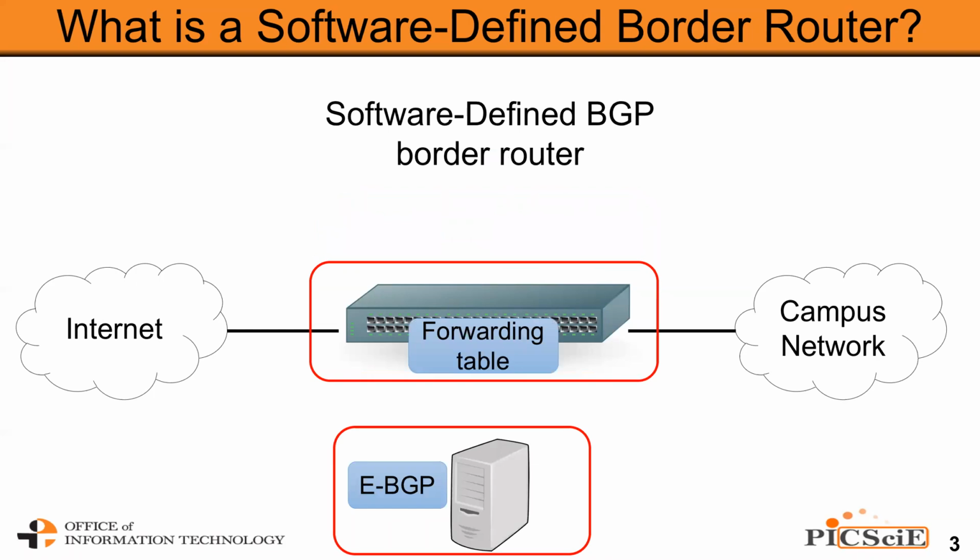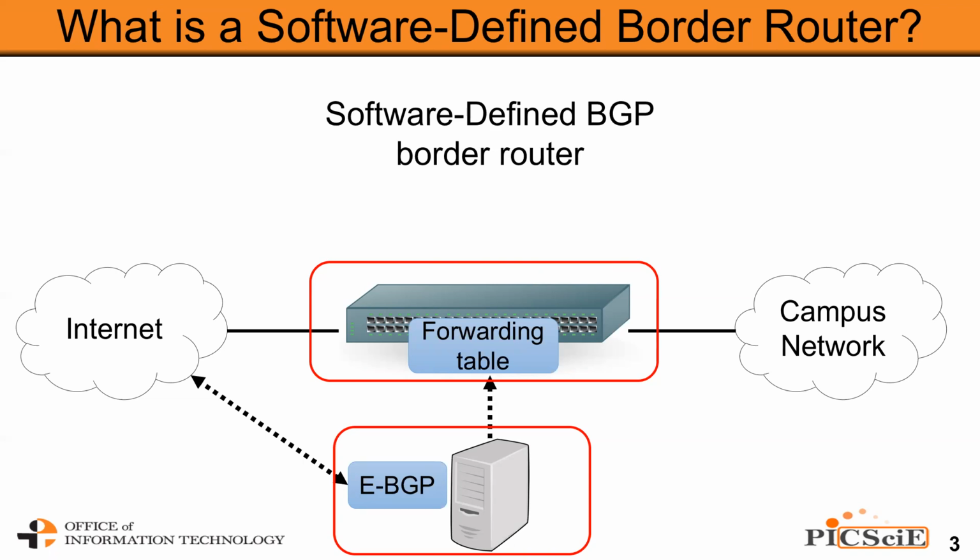So in this talk, we'll define a software-defined border router as follows. Basically, the part that talks eBGP will be pulled out of the box and exist as a separate component. It'll still talk eBGP, so it'll exchange routes with the external ISP, so nothing has changed there. Nothing has to change on the ISP side. And now this new BGP component will update the forwarding table in the switch remotely.